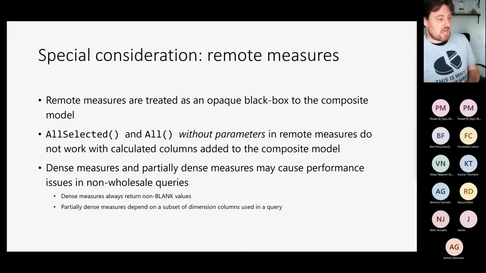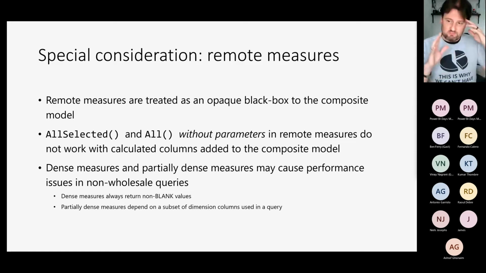And then dense measures, which are measures that always return a non-blank value, or partially dense measures, which almost always return a non-blank value, may cause performance issues when they are non-wholesaleable. So again, it goes back to rethinking your visualizations and rethinking the measure definitions to see if you can make them wholesaleable as much as you can, which means making them depend on just one source group.